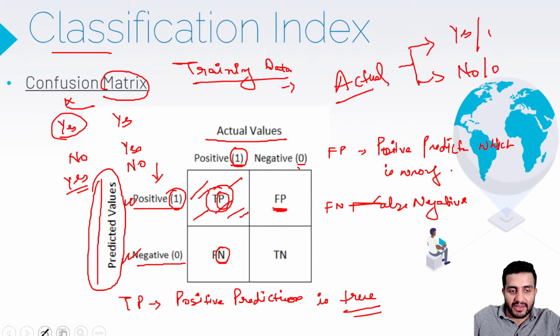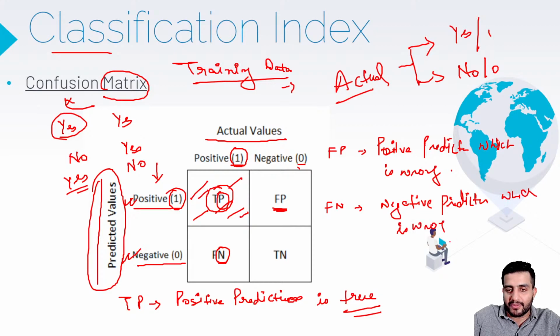So this means, just a small correction here again, this means the negative prediction, which is wrong.